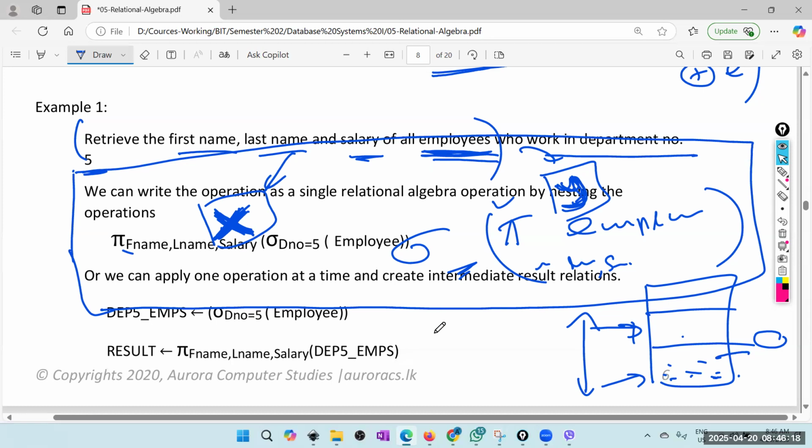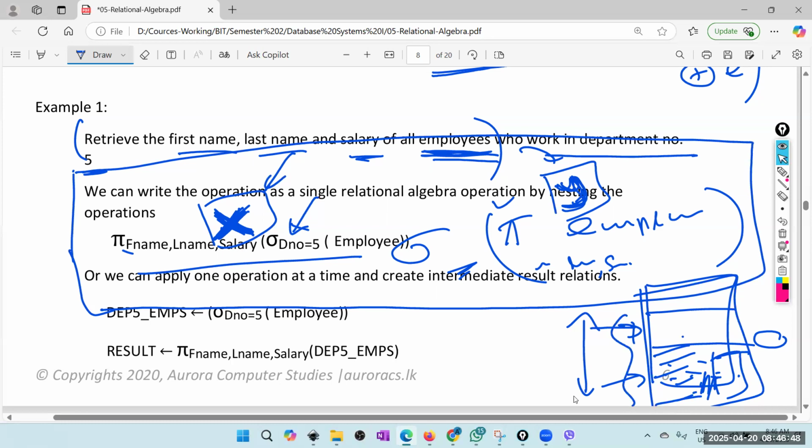Okay. And if your data is already sorted, right, with an index file or something, then actually this approach is better. Your data is already in the files, your data is sorted, maybe by department number, or there's an index for department number. So in that case, from your hard disk or SSD, if you use this approach, we can take only department number 5 employees.